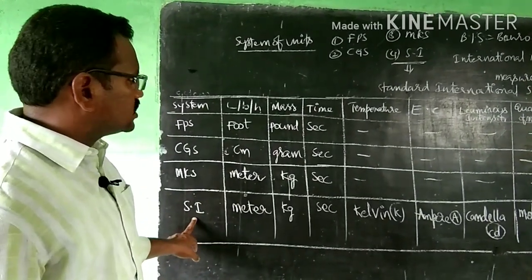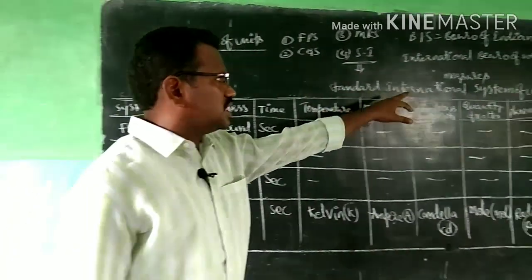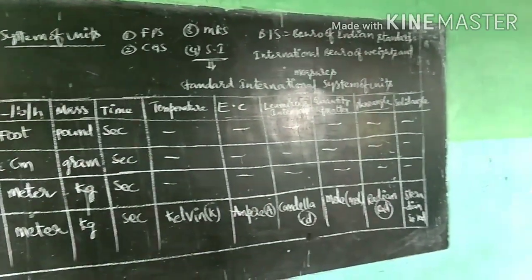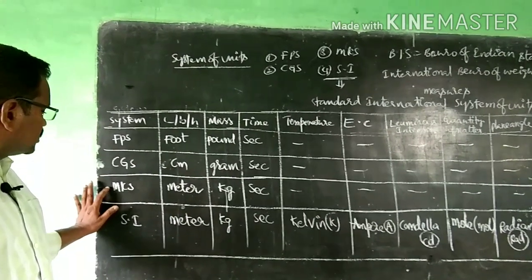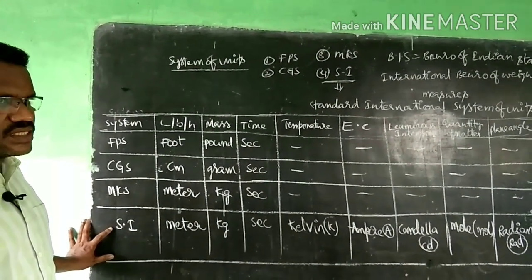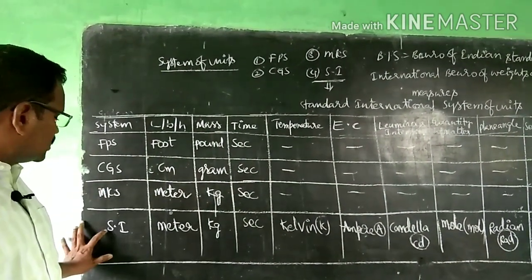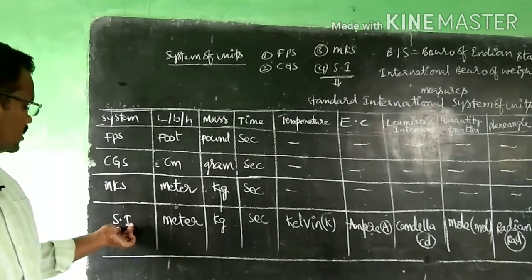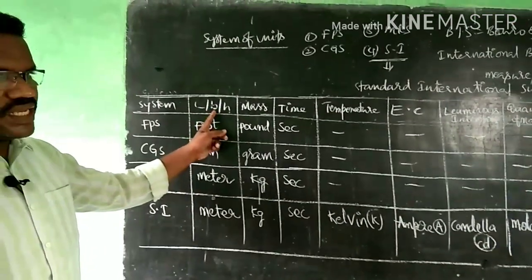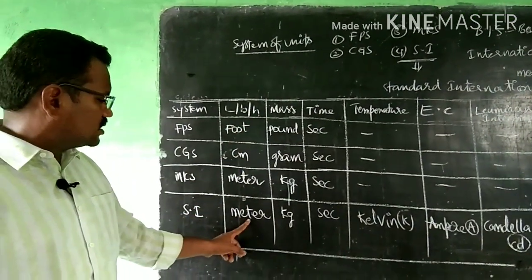What we already said, SI is Standard International System of Units. Now what does it mean? Modified MKS system is nothing but SI system. In SI system, the unit of length, breadth and height is meter.